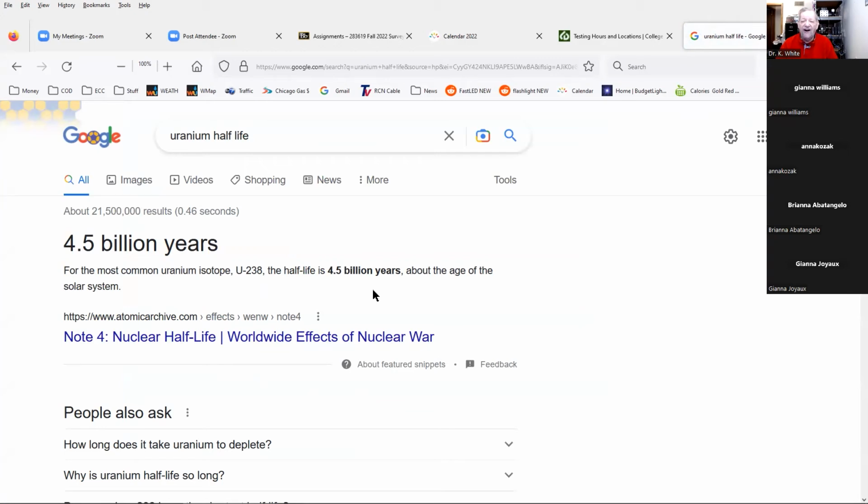If you have 100 tons of that uranium isotope waste, after 4.5 billion years, you'll still have half of that that's radioactive. And that's, in my personal opinion, the problem with nuclear energy. They don't tell you what they do with all that nuclear waste, because it's going to be around for eons.